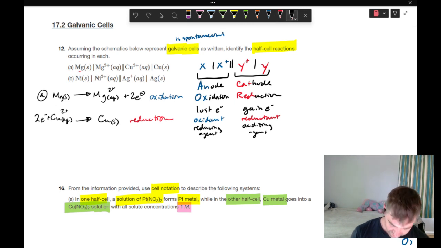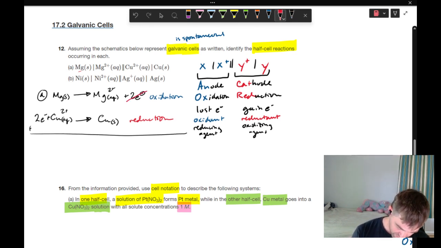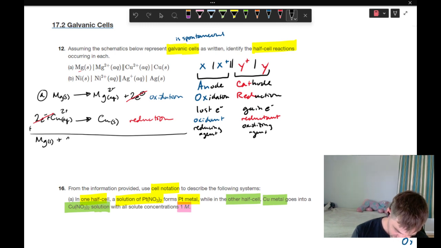Now, there's another step here. So we're going to add these 2 half reactions together. The electrons on both sides cancel out. So we have magnesium solid plus aqueous copper with its 2 positive charge forms aqueous magnesium with its 2 positive charge and solid copper.